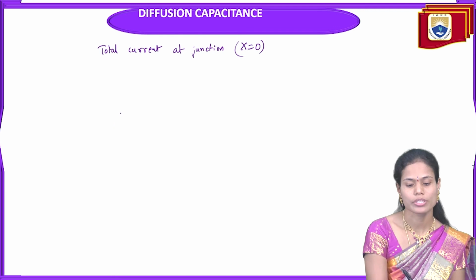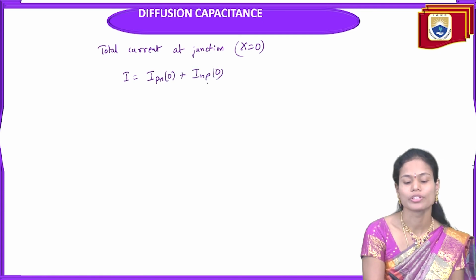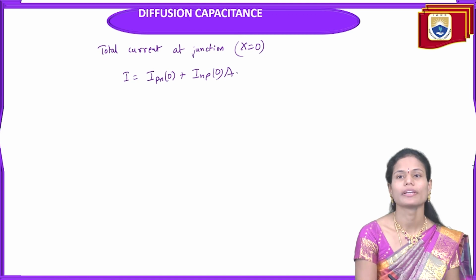When x equal to 0, the current is given by I equal to I Pn of 0 plus I Np of 0, into A here.